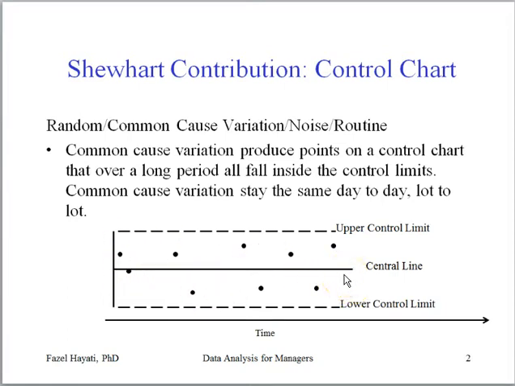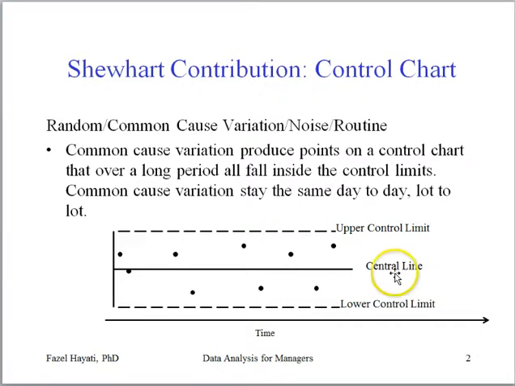The common cause variation stays the same day to day, lot to lot over time. So these points are randomly behaving between upper and lower control limits. If that is present, we say that this process is in statistical control, and its behavior is predictable in the near future within upper and lower control limits. This is the characterization of the variation.